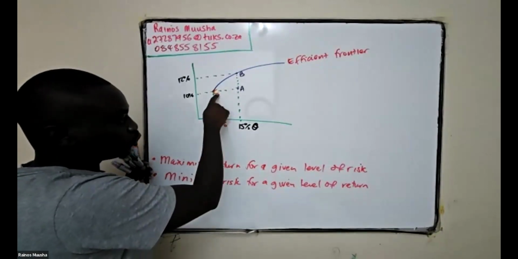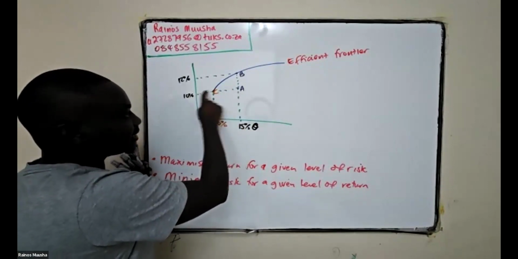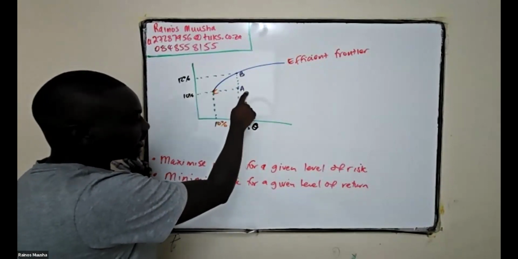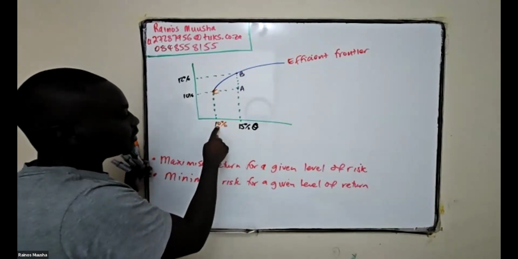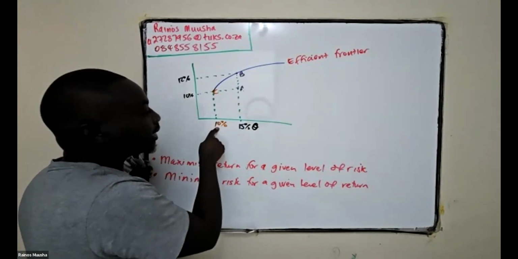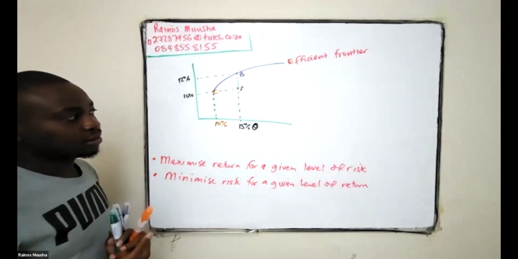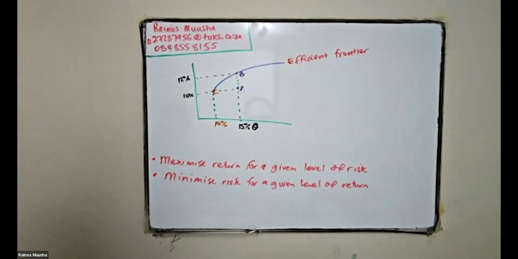So if I asked you to choose between investment C and investment A, because they're earning the same return, you would choose to invest in investment C. Why? Because for the same return, you have a lower risk exposure of 10% compared to 15%. Are we on the same page?